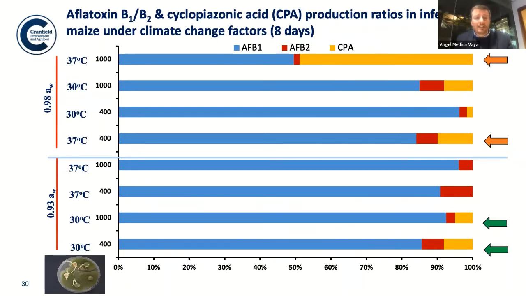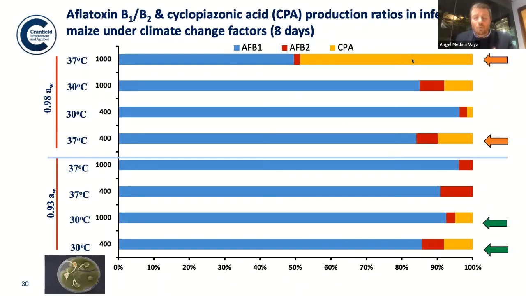When you look at conditions with high temperature and 400 ppm of CO2, which is this line here, 37, 400, this is the amount of cyclopiazonic acid, this molecule that we are describing now. And when we modified it and included the CO2 in the picture, you can see the proportion and the size of the yellow part of the line.